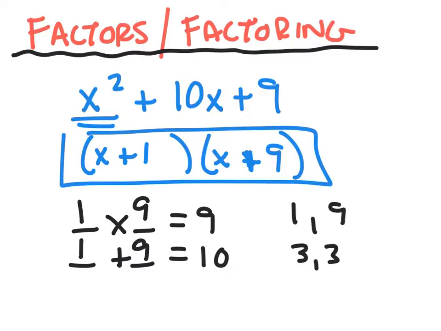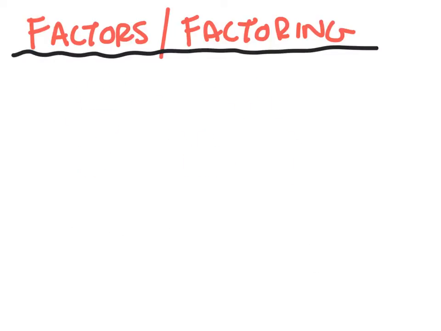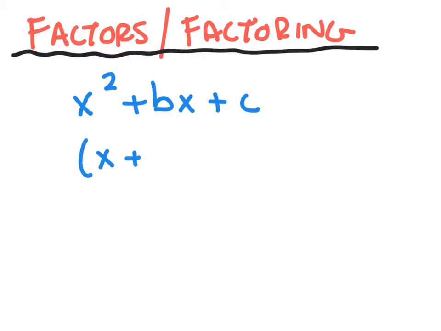So maybe the last thing I'll do is provide you the generic summary of those ideas. Let me just clear out a little space here. So here's the general idea. If I have x squared plus, well, let's call that bx plus c, right? And if I created, let's see, G and H, let's say.